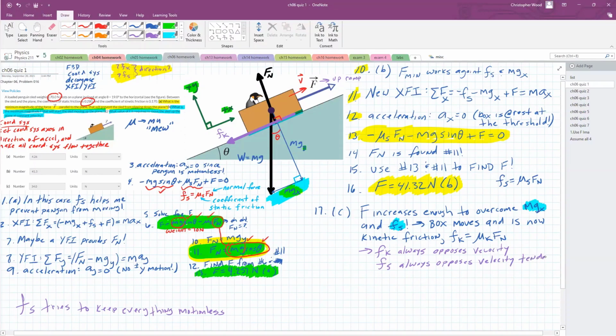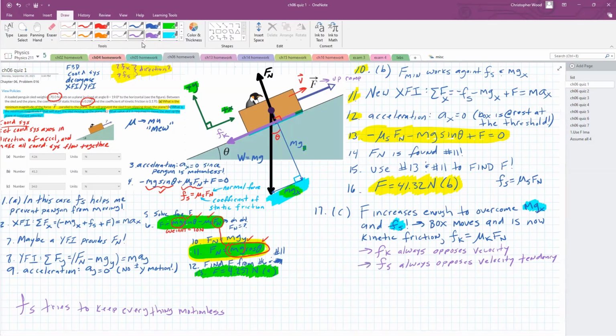For example, in part B, I was pushing up the ramp and was just about to start the box moving, which means it would start to have a velocity up the ramp. That's how I figured out that static friction opposes the velocity tendency. The tendency would be to go up the ramp, and static friction opposes that, up to its limit, because static friction can't deal with a force that's just too great. So these are two good statements.